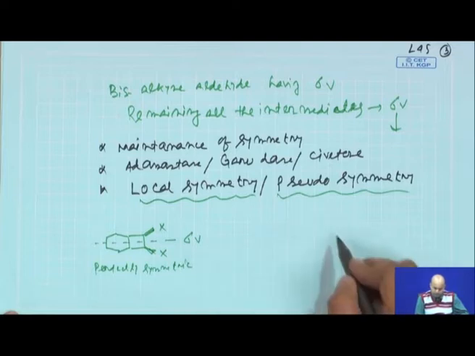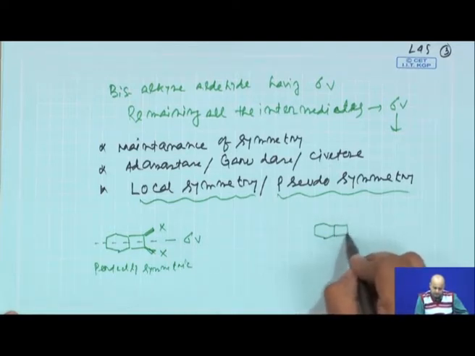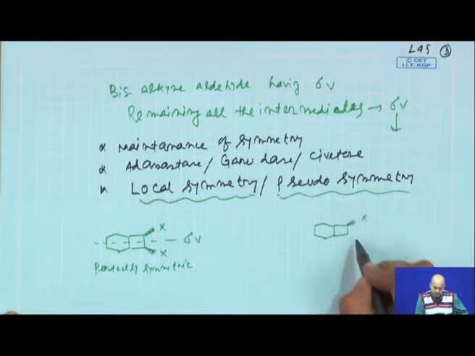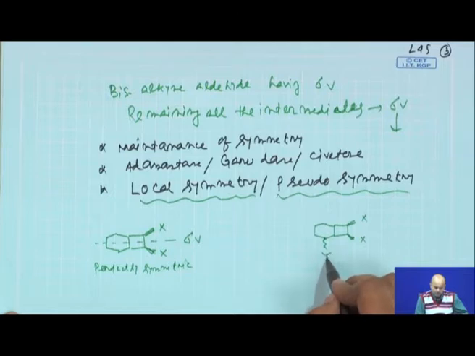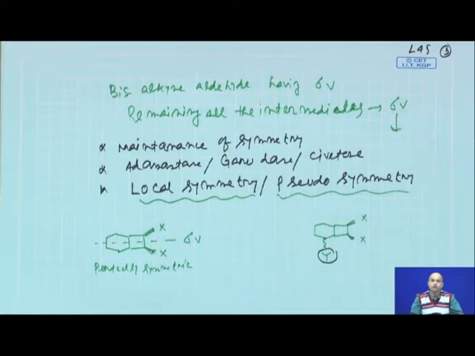Now, I am drawing another molecule, and I am saying that if this cyclohexane part has a Y functionality, this molecule now does not have perfect symmetry, because the presence of this Y functional group here makes the molecule not symmetrical, but still the cyclobutane part is symmetrical.